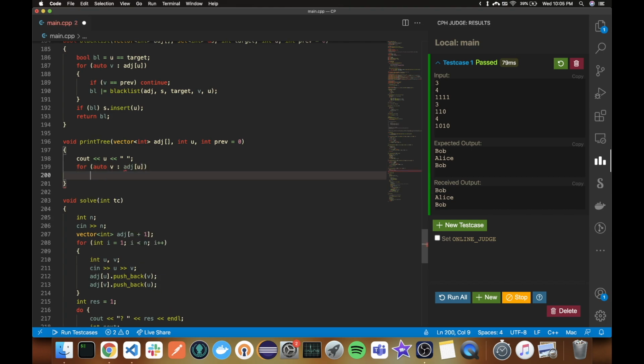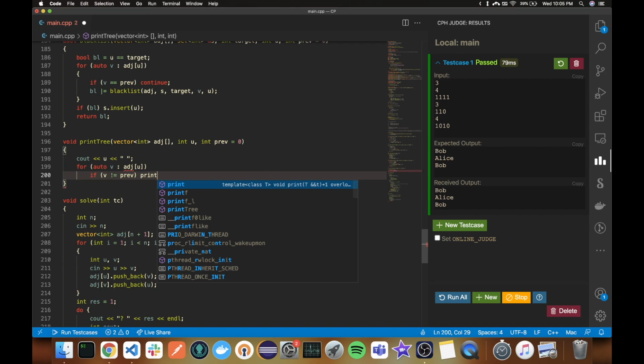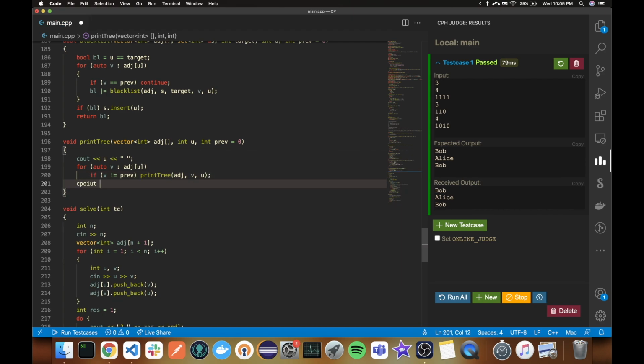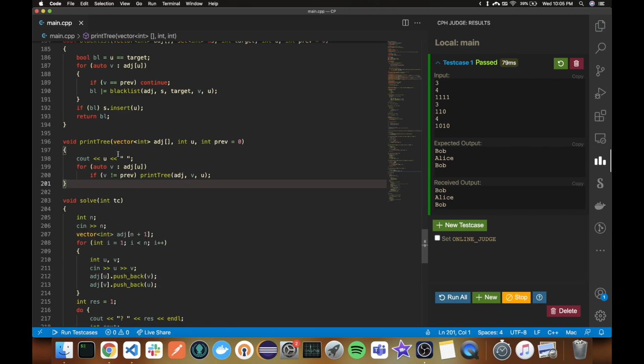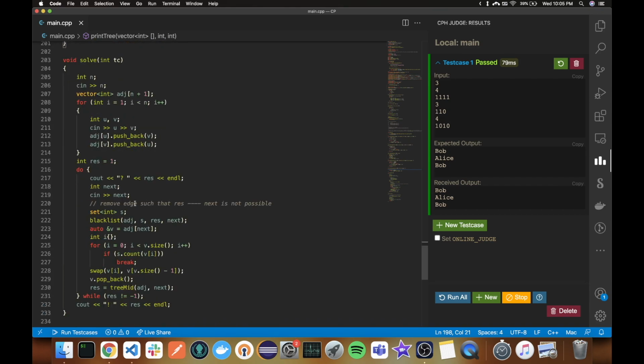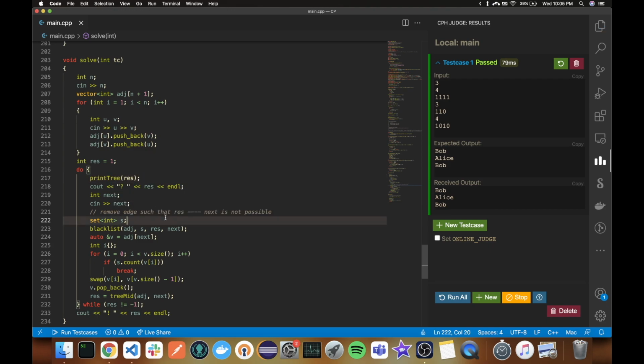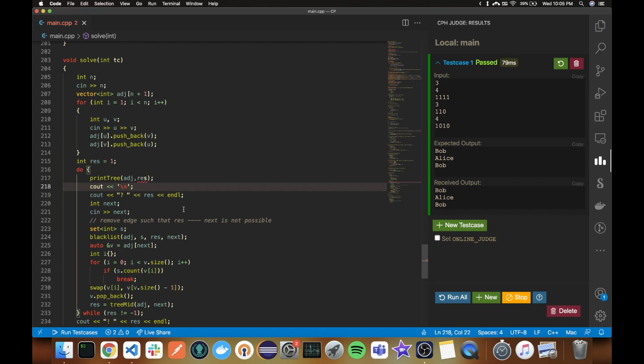I want to know what the current tree I am at. Print tree result. Let's see what it is like.